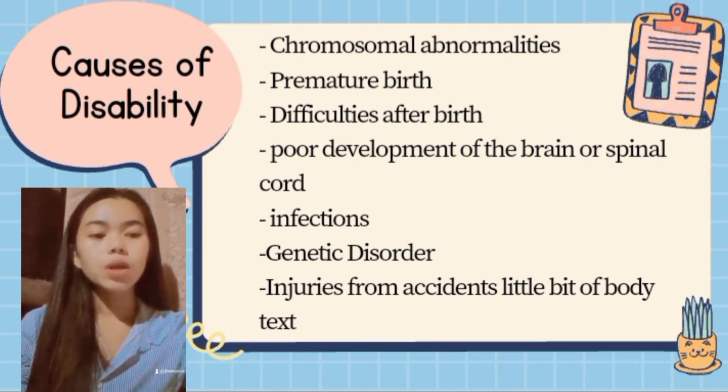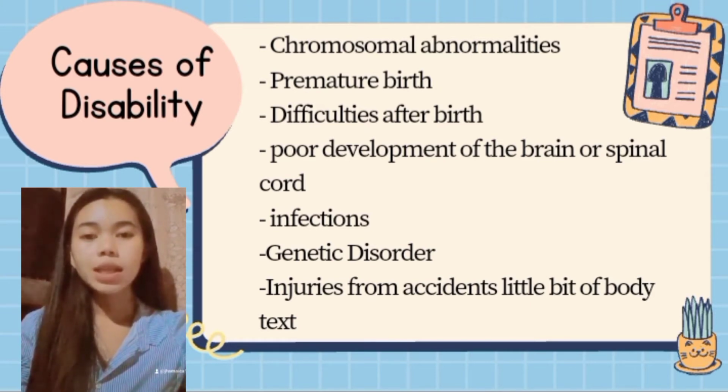According to the Institute of Medicine in 2001, worldwide infections are among the leading causes of chronic developmental disabilities in children, along with and sometimes interacting with genetic and nutritional causes. And the last cause is genetic disorder, a condition that is caused by an abnormality in an individual's DNA.